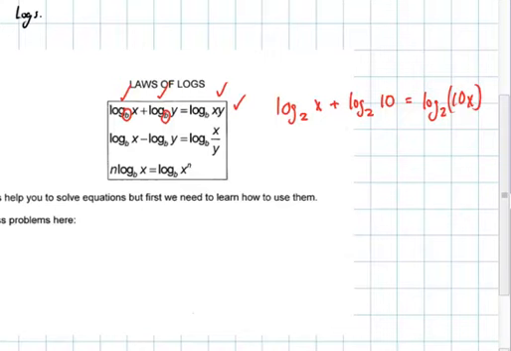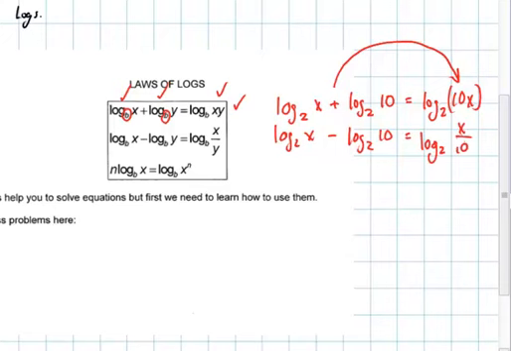And if that property of addition holds for logarithms, where it turns addition into a product, subtraction would turn it into a quotient. So the log base 2 of x minus log base 2 of 10 would be log base 2 of x over 10. That's signified by the subtraction turning into a division in one logarithm.